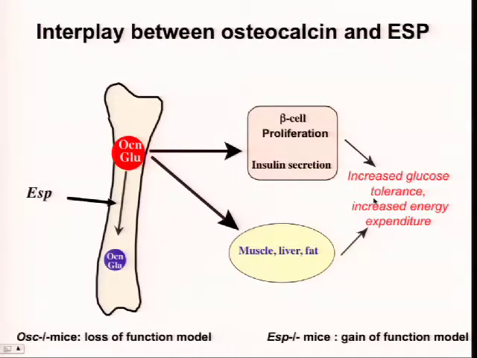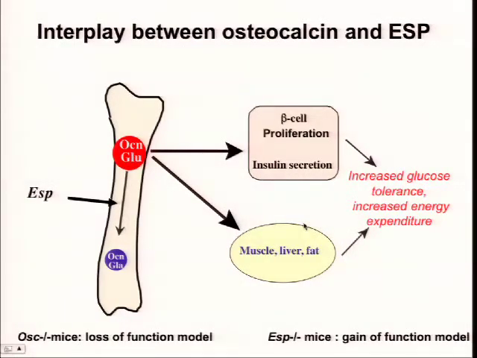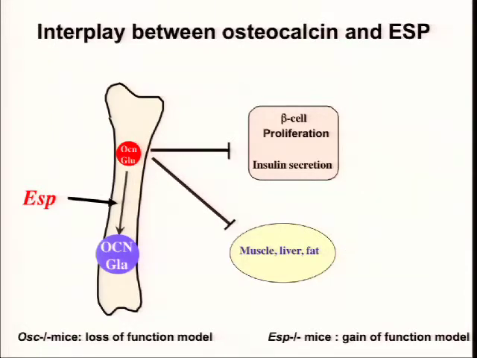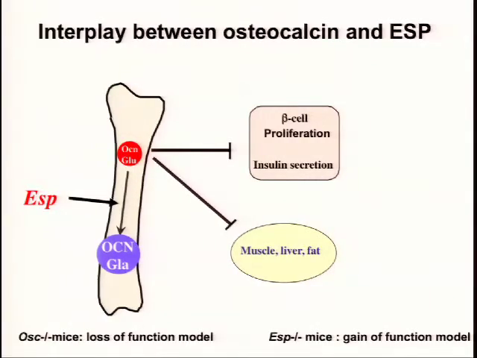Behind the scene, behind these glamorous molecules, there is ESP, whose function indirectly is to inhibit osteocalcin by carboxylating it. And as a result, all the functions of osteocalcin are inhibited. And the interplay between these 2 molecules in the osteoblast explains the homeostasis function of the osteoblast.